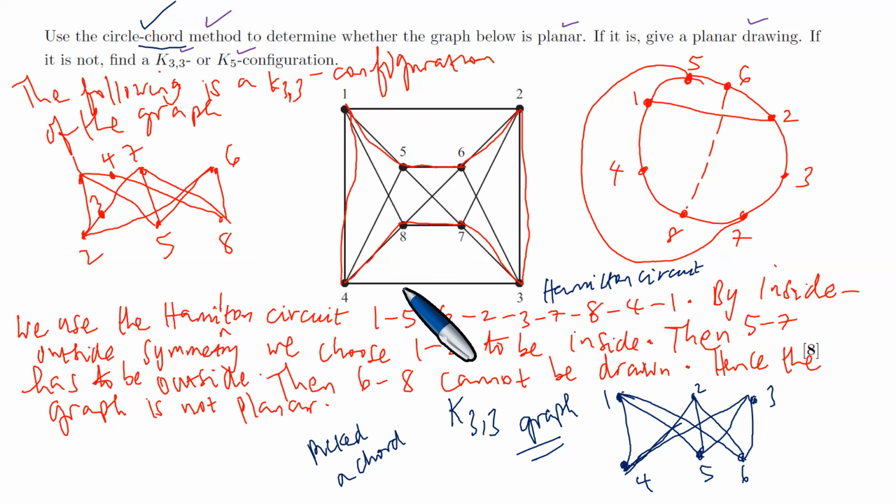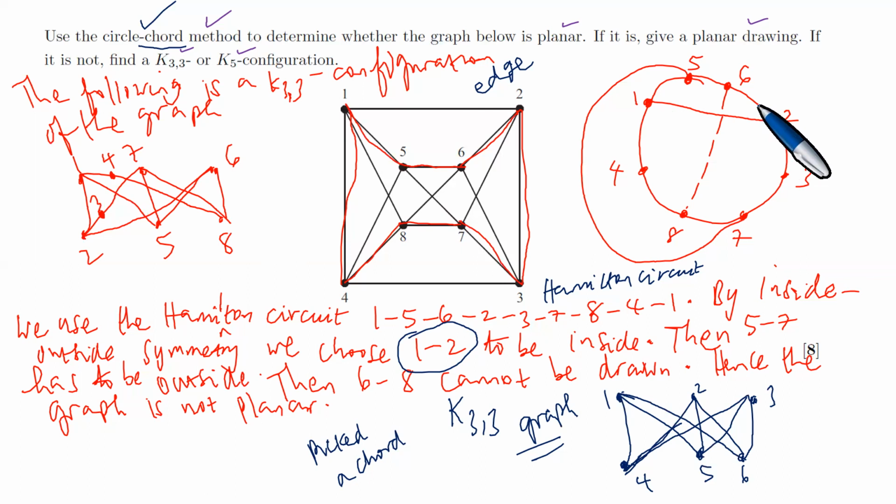So we pick our first chord to draw. Our first chord was, for instance, 1, 2. We chose 1, 2 to draw because 1, 2 is an edge in our graph. If 1, 2 is an edge in our graph, we can pick it. But then it becomes a chord in the circle.